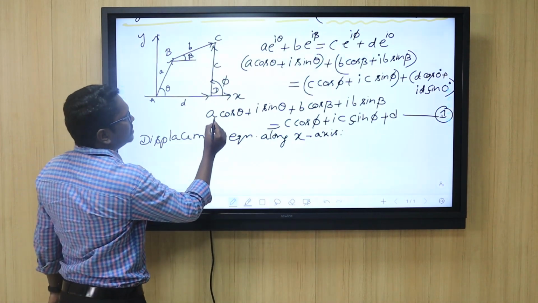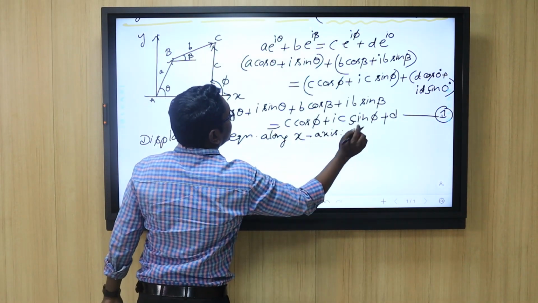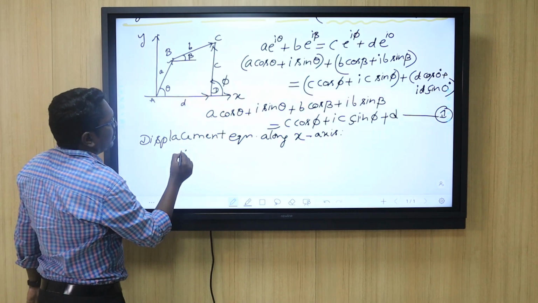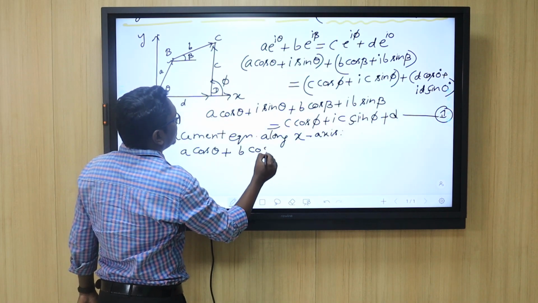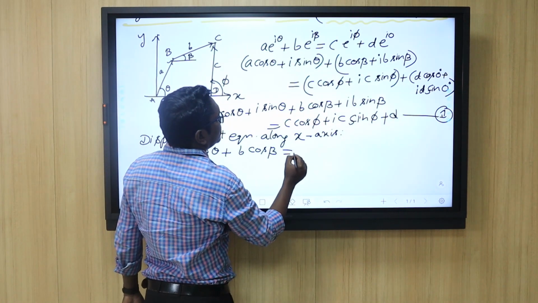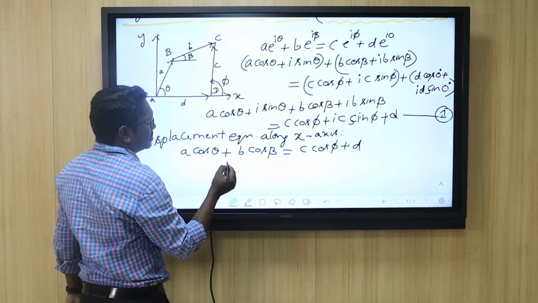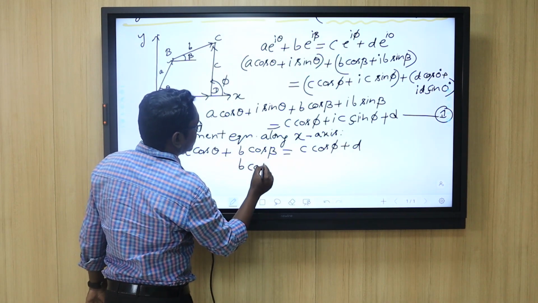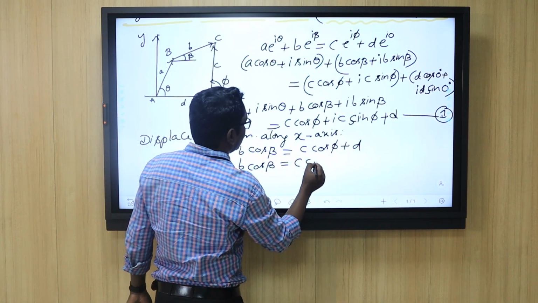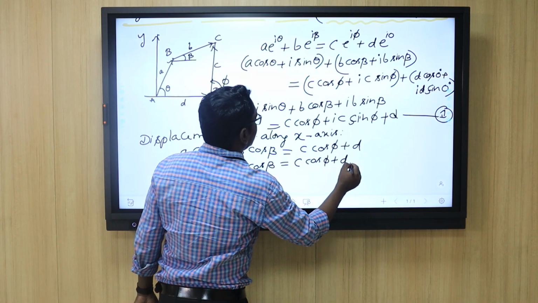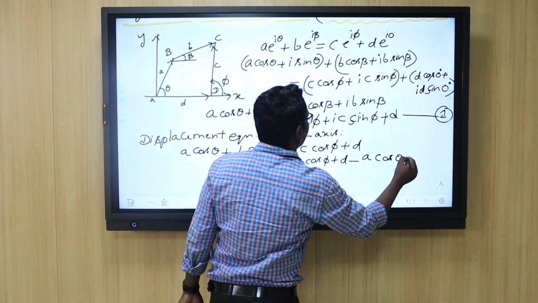Now we consider a cos theta, b cos beta, c cos phi and d. So a cos theta plus b cos beta is equal to c cos phi plus d. Separating, b cos beta is equal to c cos phi plus d minus a cos theta.